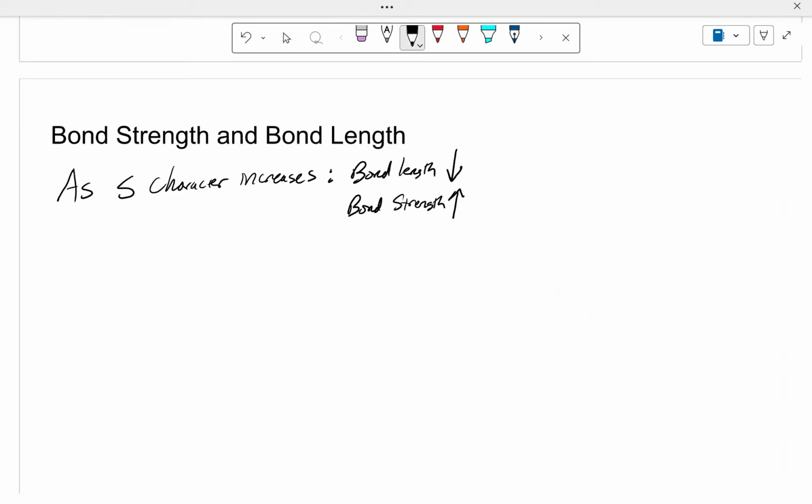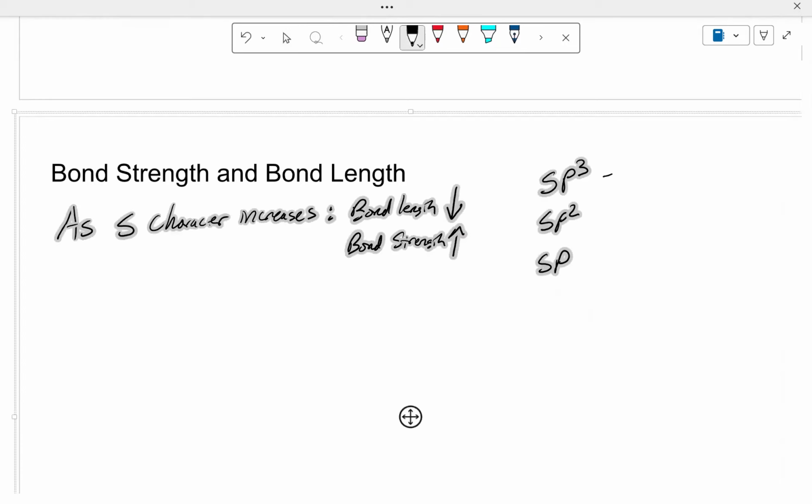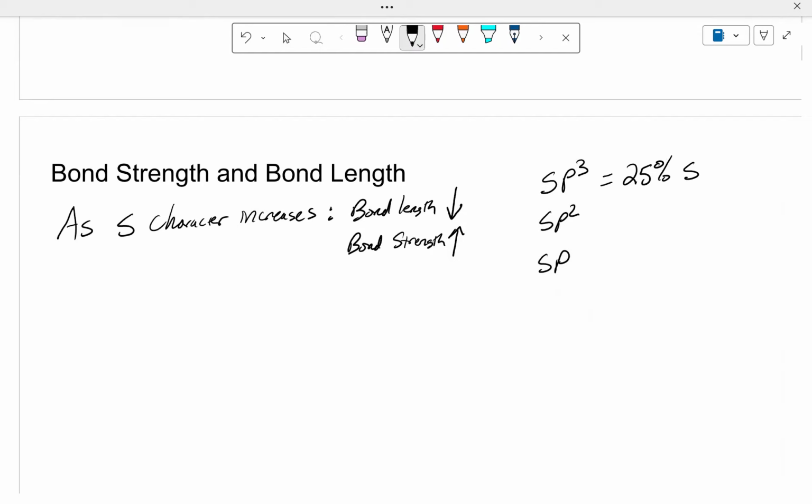Well, let's compare sp3 to sp2 to sp. Now, all I want you to do is kind of look at the numbers there. In an sp3, that's 1 s and 3 p's. So we would say that 25% of that is S. And then for sp2, 33% of that orbital is S, because there's 1 S and 2 P's.